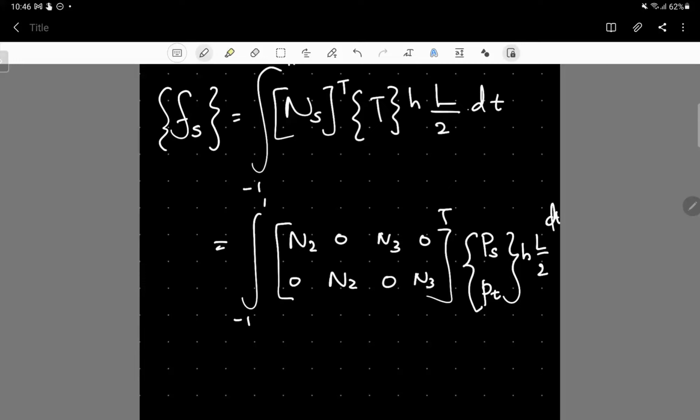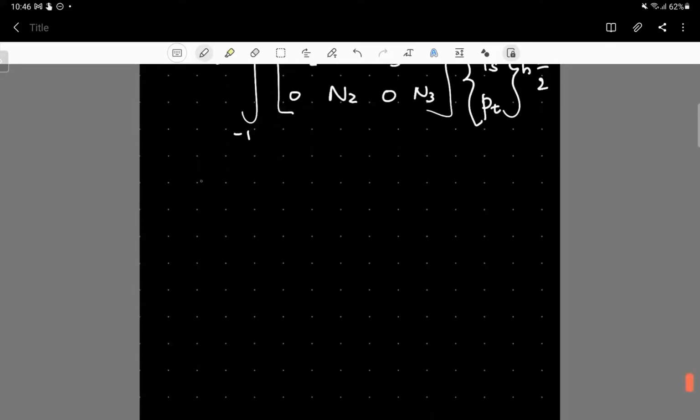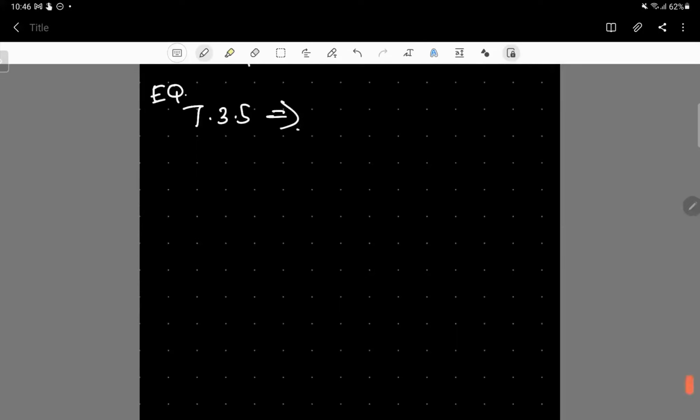So we know the shape functions of the four nodes in the linear plane element are taken from the previous derivation. We already derived this at the very initial part of the derivation, which we can take from equation 7.3.5. If you look it up, you would get N2 is equal to (1 plus S)(1 minus T) divided by 4.